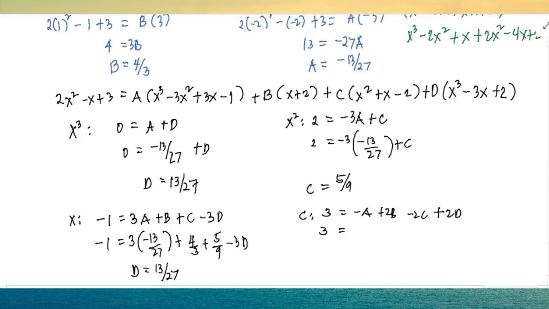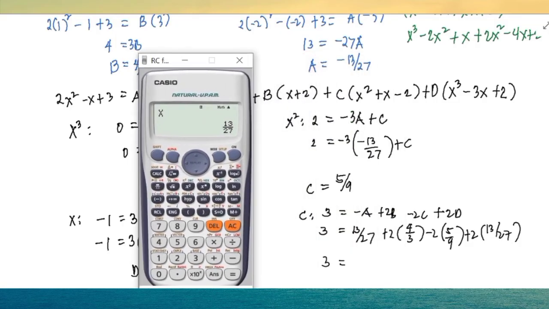So we have here negative times negative 13 over 27, so positive 13 over 27, plus 2 times b, which is 4/3, minus 2 times c, which is 5 over 9, plus 2 times d, which is 13 over 27. So dapat yung right side ng equation is equal to 3. So, let's check.